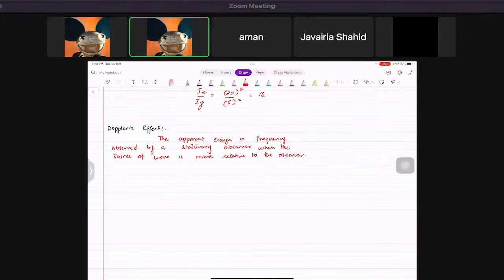In this, there are two keywords: apparent change and moving relative to the observer. So please write this down and then I'll explain to you what this means.